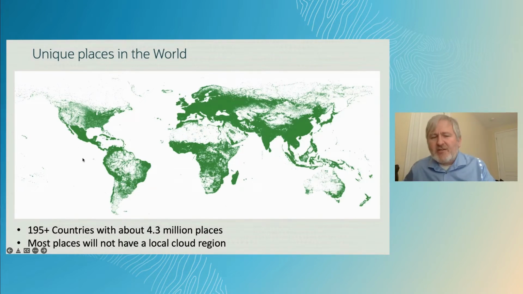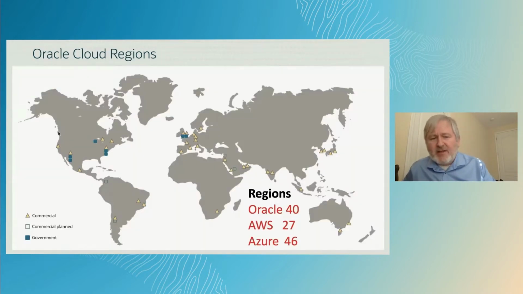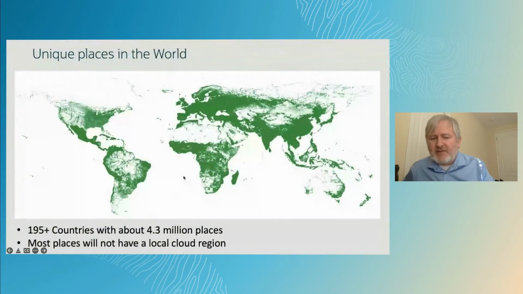So the green dots is showing where people live. The big difference is there's currently about 40 data centers for Oracle Cloud today, and each one of those dots is where people actually live. So the point I'm trying to make is there's far more cities than there are data centers.